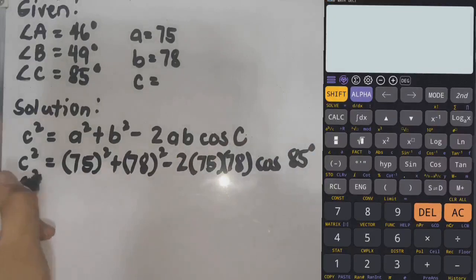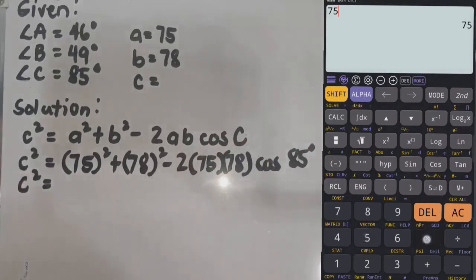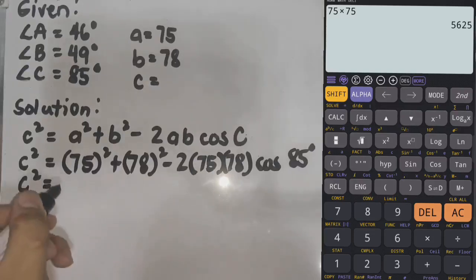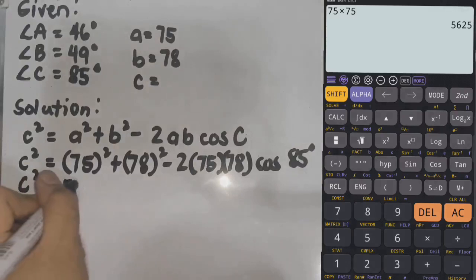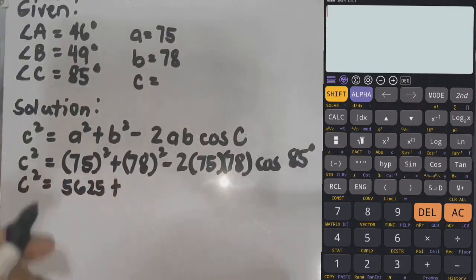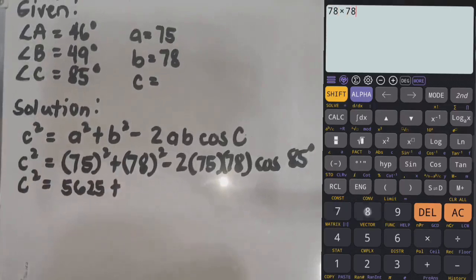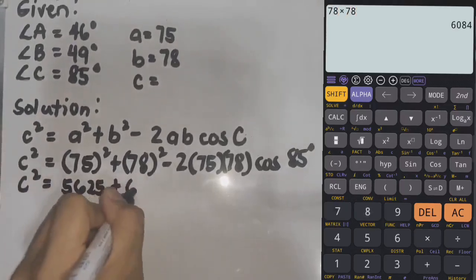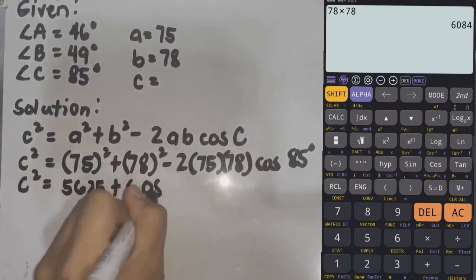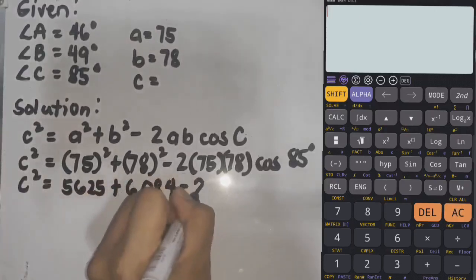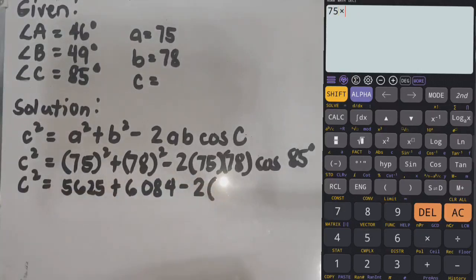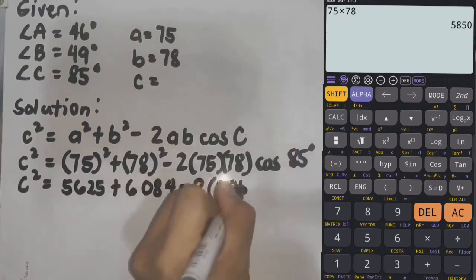So, C squared is equal to 75 squared is 5,625 plus 78 squared is 6,084 minus 2 times, multiply lang natin, 75 times 78 equals 5,850.